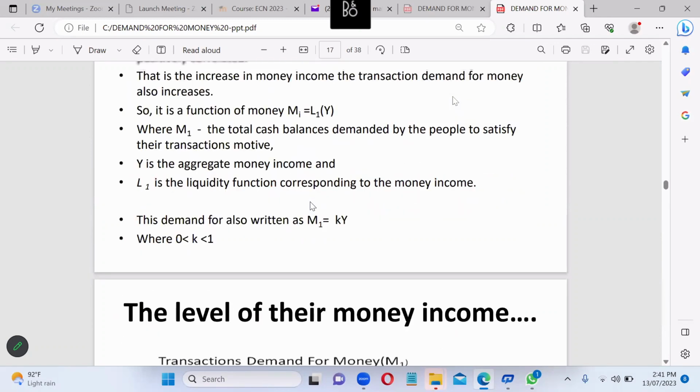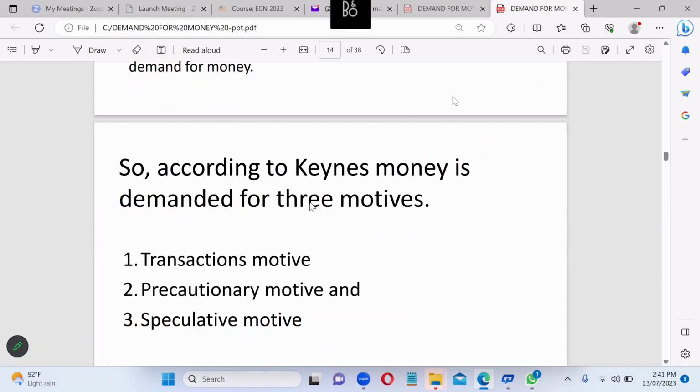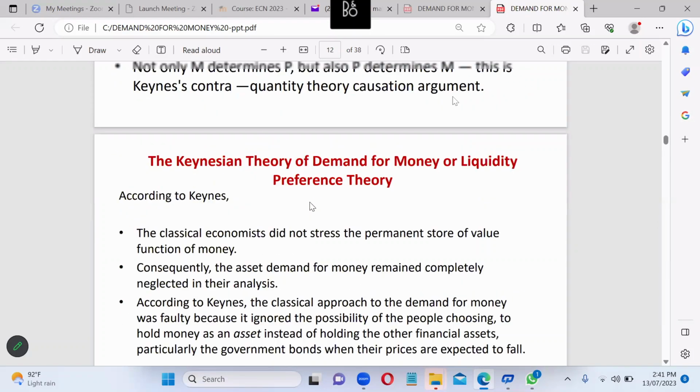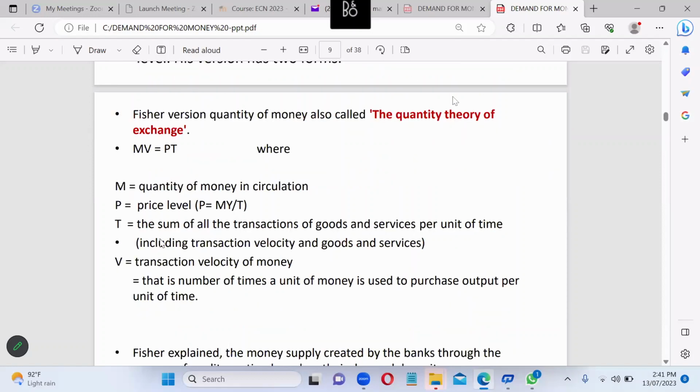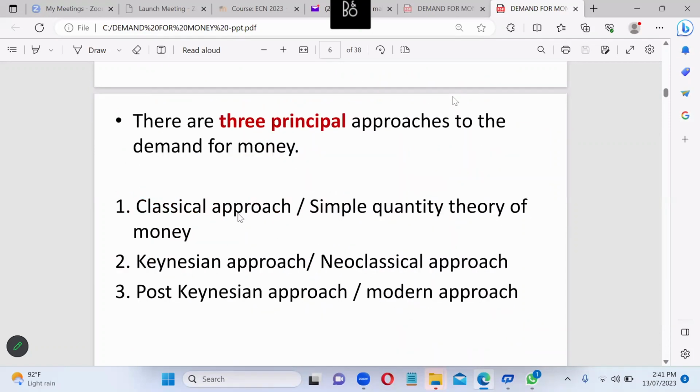In Fisher's theory, we saw MV equal to PT, and we saw the classical approach to why we are holding money at our hand. This is the small thing we studied today.